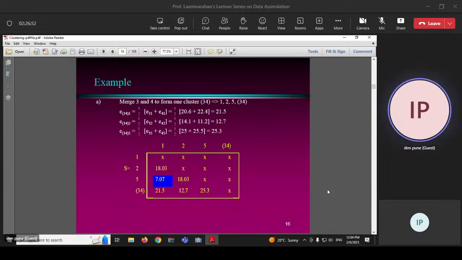In mathematics, how do they define the distance between a set and a point? In mathematics, they define it to be the minimum of d(x, yi), where yi belongs to S. You compute the distance between x and y1, compute the distance between x and y2, compute the distance between x and yk, the minimum of that.